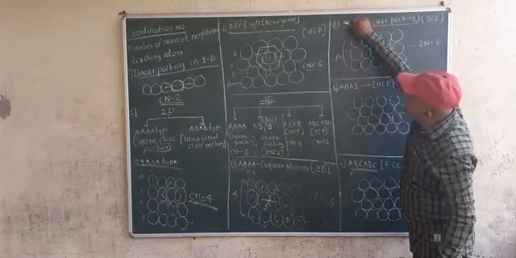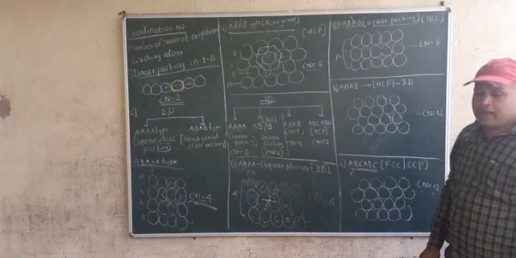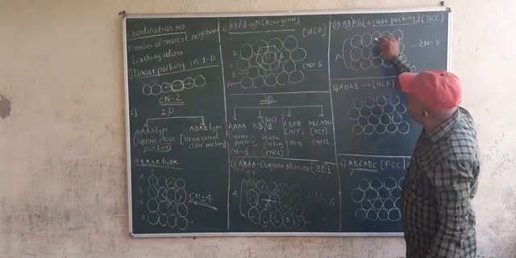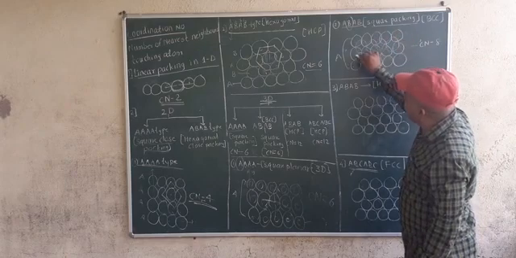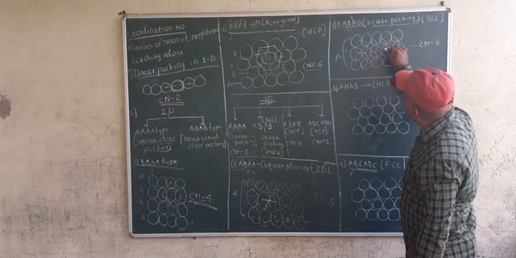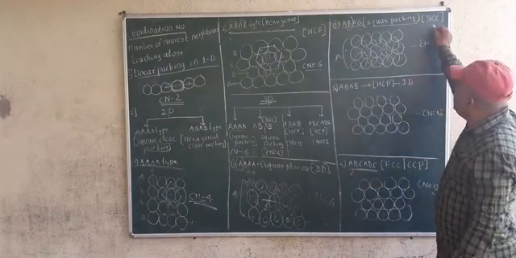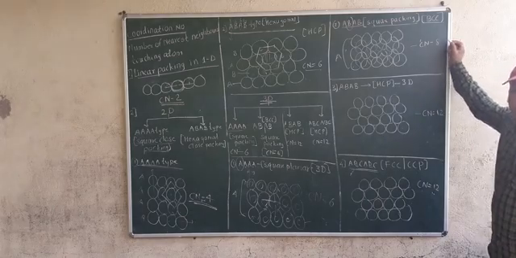But now you see the second is B, which means it is different from the first one. So in this gap I will put, not exactly on this, in this gap I will put. And it is also called BCC.